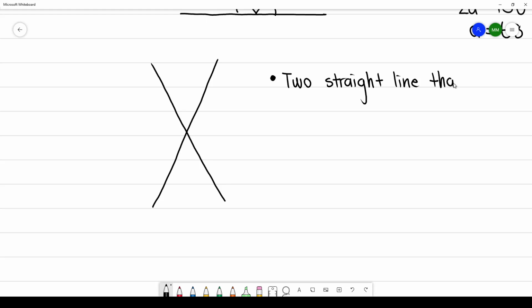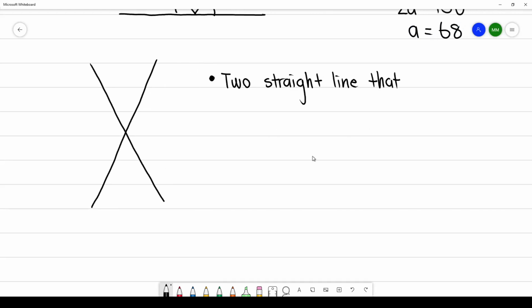that intersect. Okay, and then what I want to focus on is this angle and this angle.